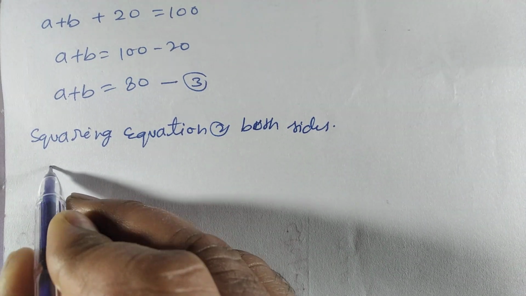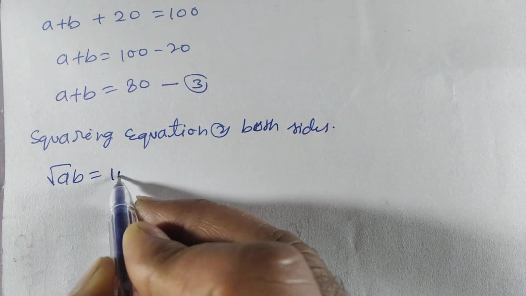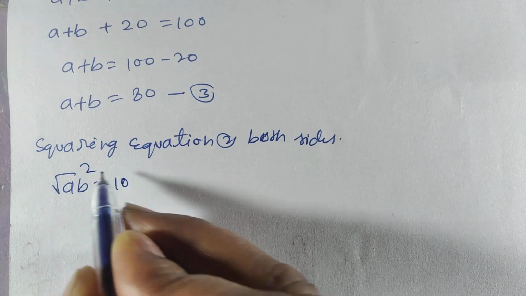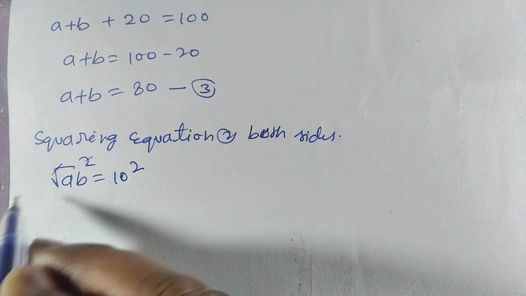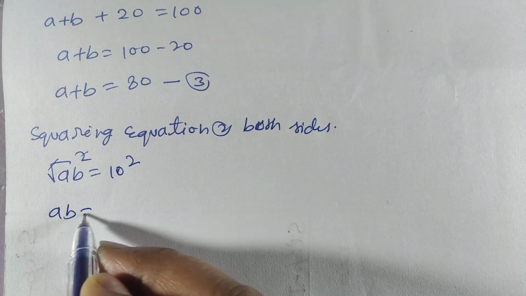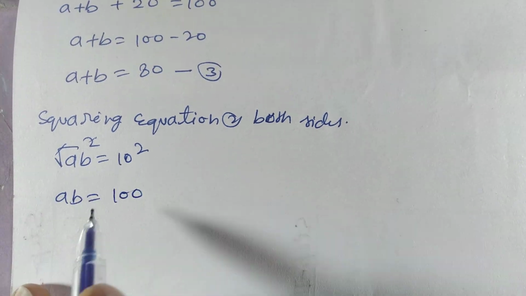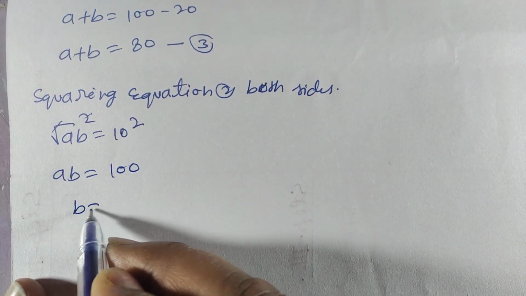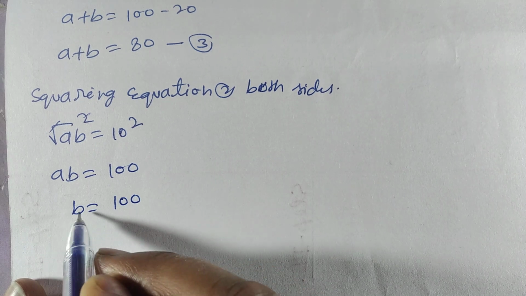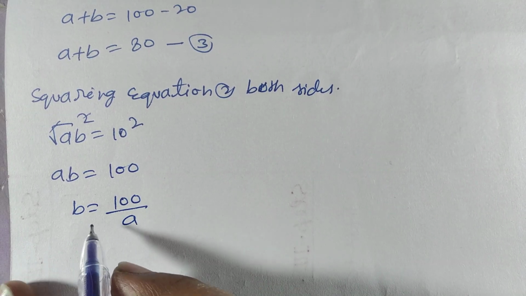Squaring both the sides, the square and the square root will be removed. ab is equal to 10 square, which is 100. So b is equal to 100 over a.